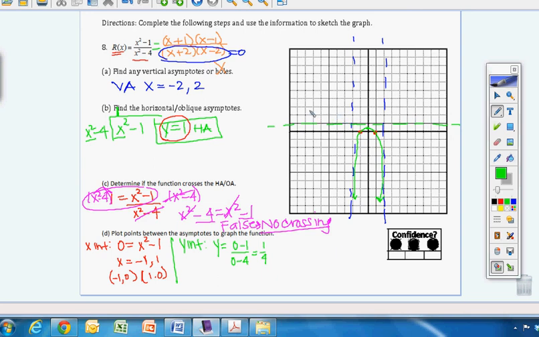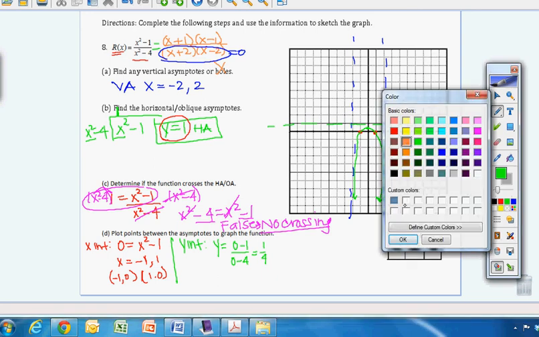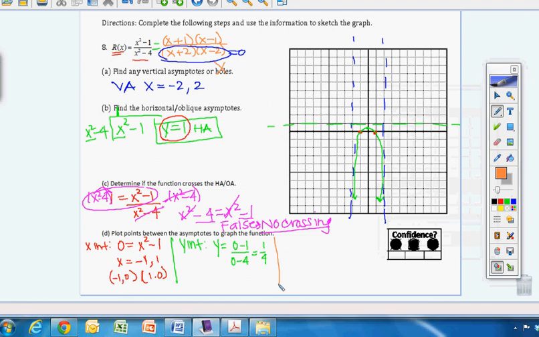Now I want to figure out what's going on back here and over here. So a really great point to choose would be -3, because it's real close to the asymptote. So r of -3, I'm plugging in -3 to all my x values. So -3 squared is 9, minus 1, over 9 minus 4.